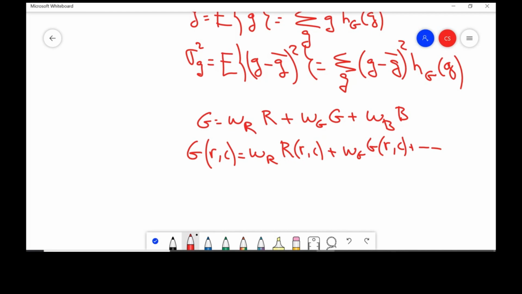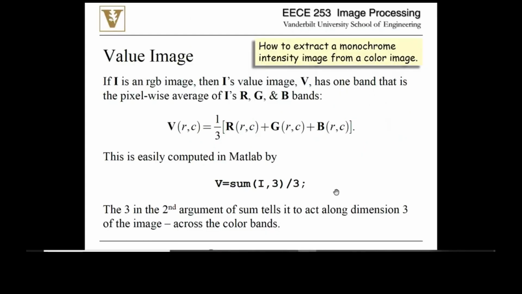Okay, so why is this 1/3, 1/3, 1/3 a good choice? We may wonder, are there better choices? And then they made some experiments in which they asked people about the quality of an image converted in that way if they use different weights.